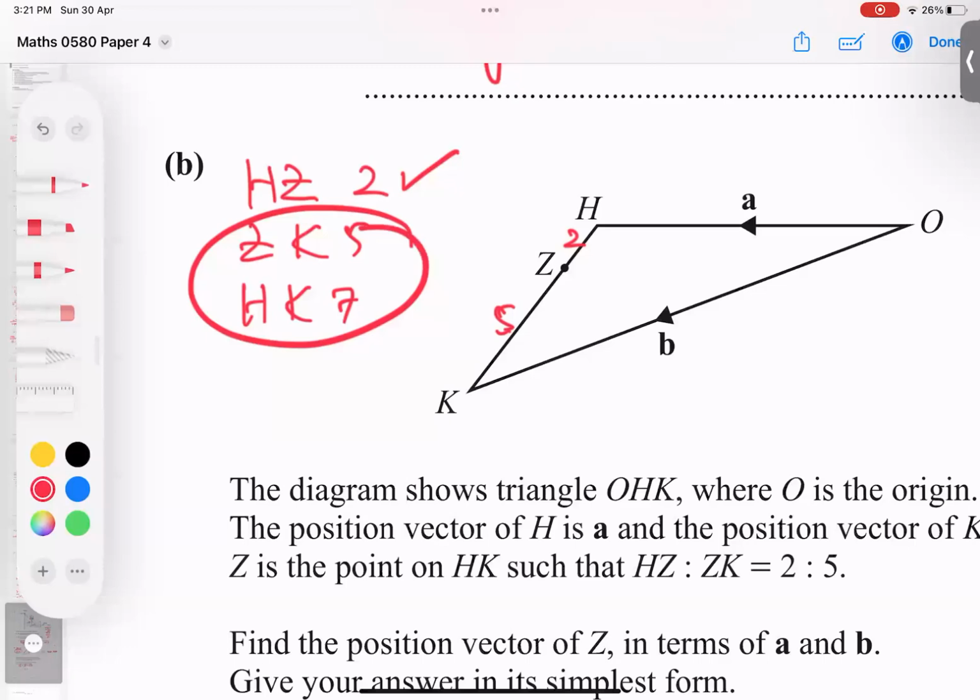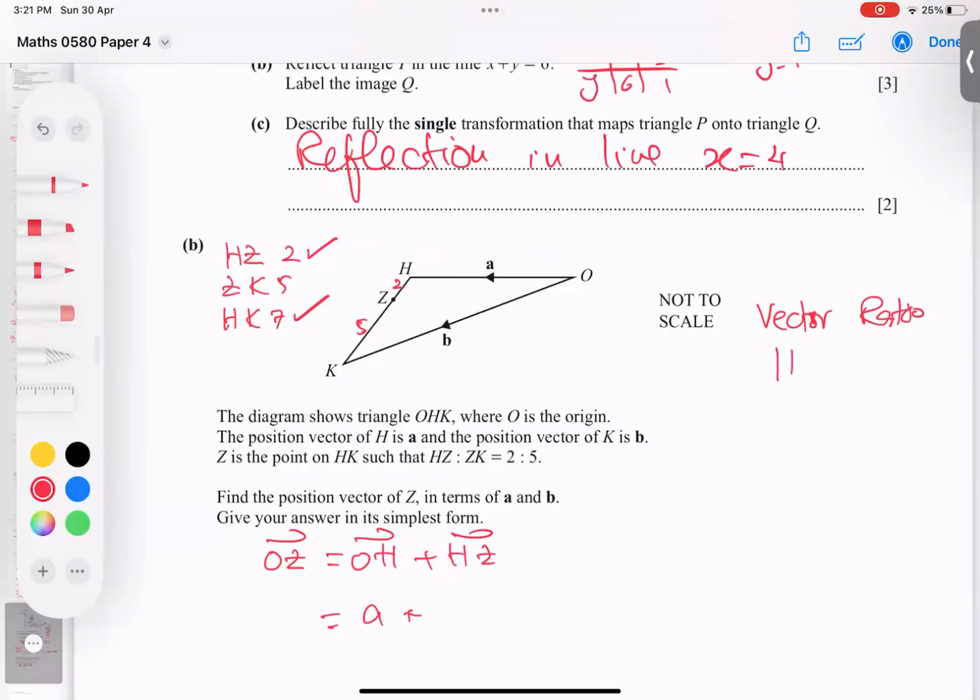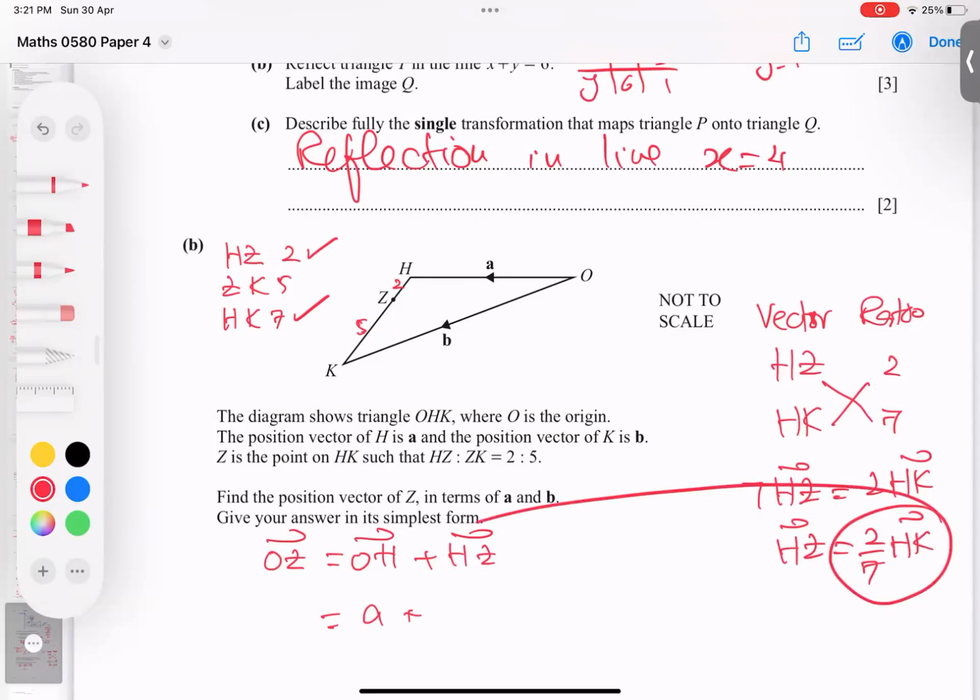I can take any one from here, but this one is unknown and I can find it, so I will use 2. So HZ is 2 and HK is 7. Cross multiply: 7 times HZ equals 2 times HK. The 7 goes down, so HZ equals 2 by 7 times HK. So this is coming here.